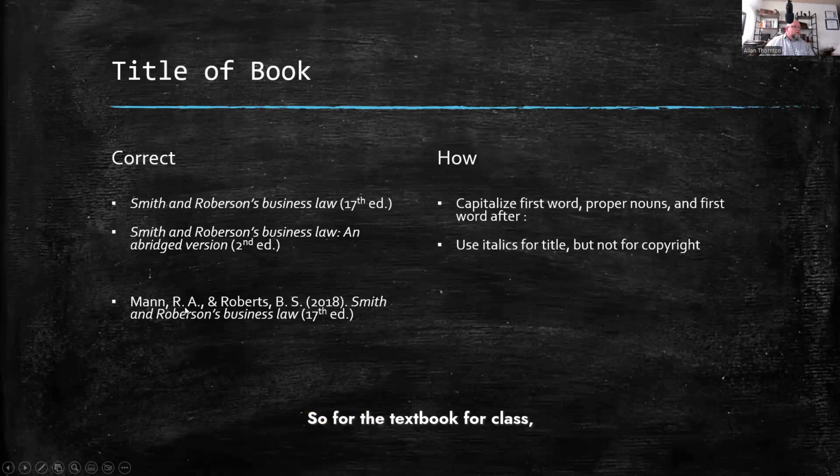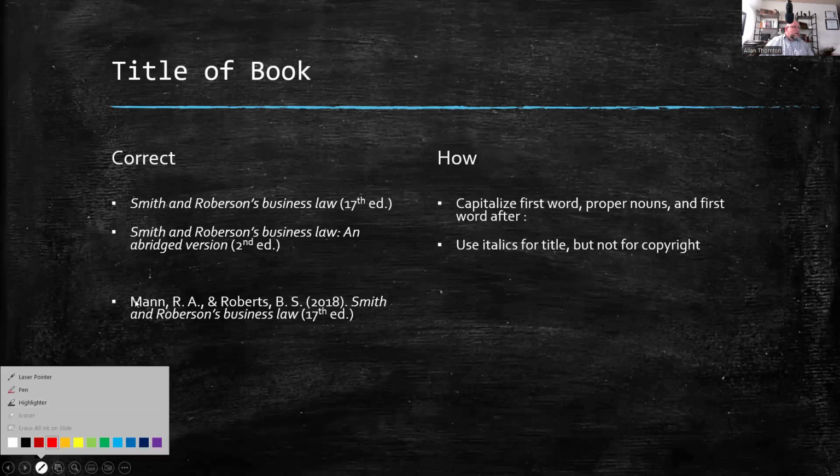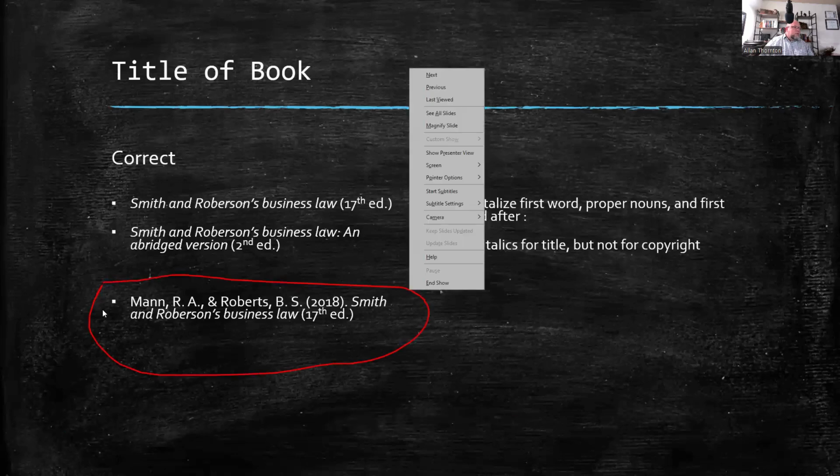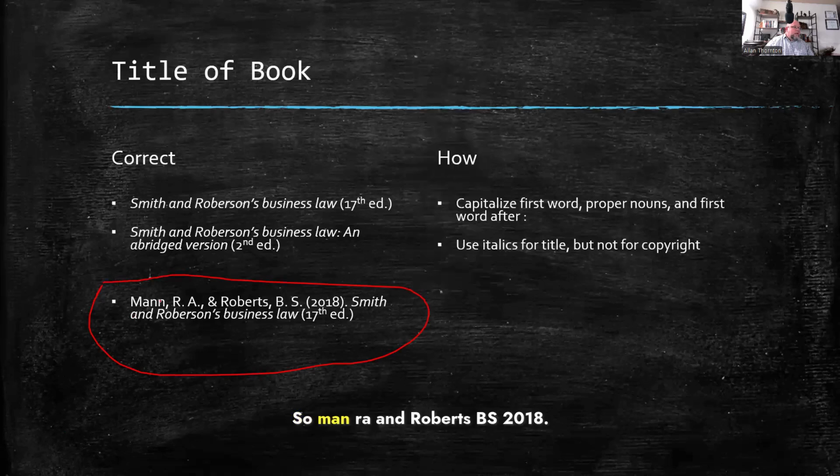So for the textbook for class, it would look something like this. Mann RA and Roberts BS 2018, the title in italics, and then 17th edition.